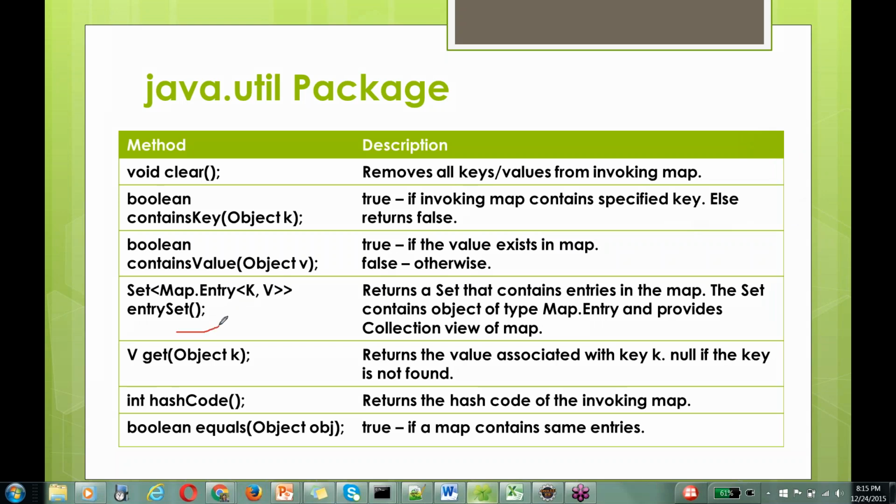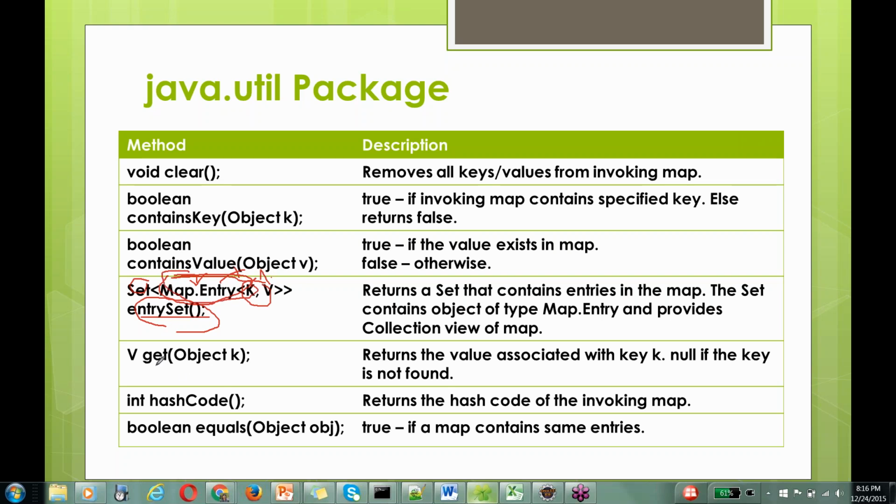So here this is the method. It returns a set object which takes a type parameter. Here the type that we are passing is the Map.Entry type. Since Map.Entry is also a generic type, we have to pass the types for key and value. So entrySet will return a set which contains objects of type Map.Entry.